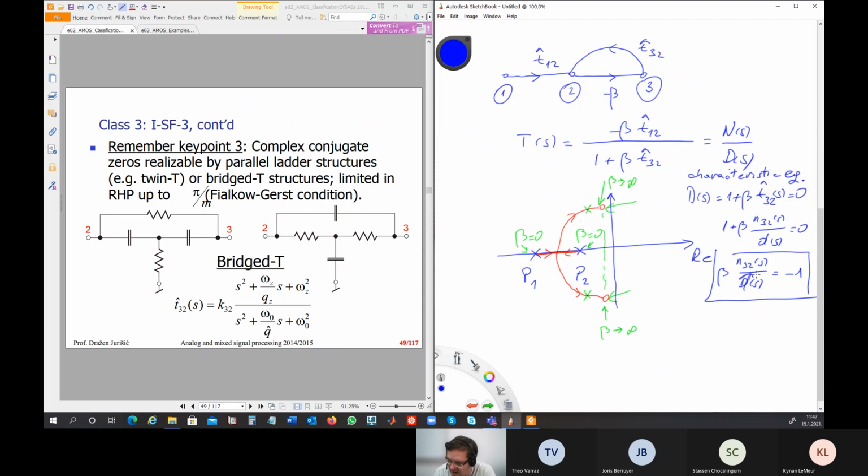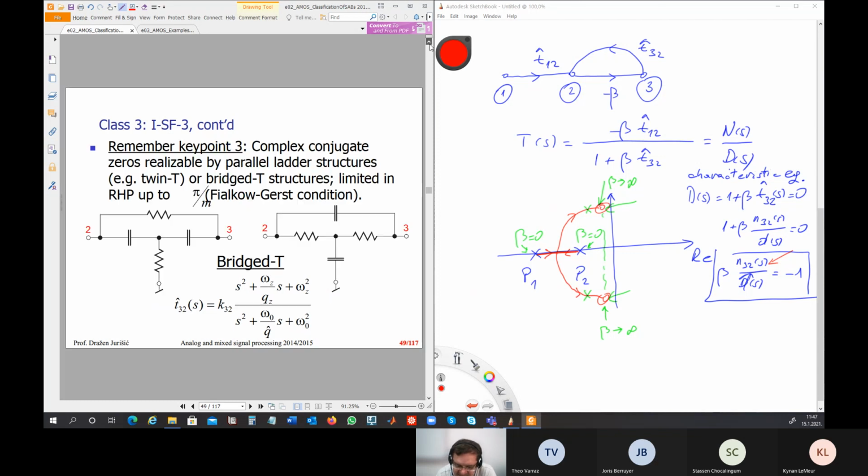So just to repeat. Okay, now the question is how can we have these zeros here, which are complex conjugate like this? So we need some special network like this on the slide, and it's called a bridged T network. A bridged T network can form almost zeros on the j omega axis, but not quite.